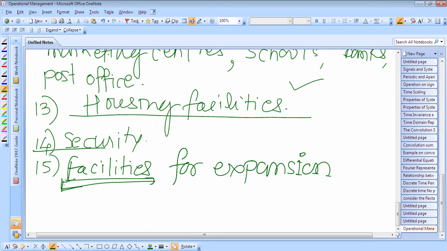There should always be some area near to your plant, so that in future, if we have to expand your plant, then that expansion facility should be there. So these are all the factors that are affecting the plant location.